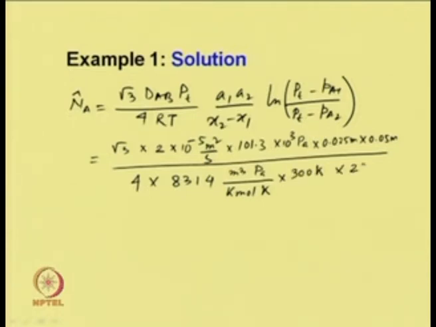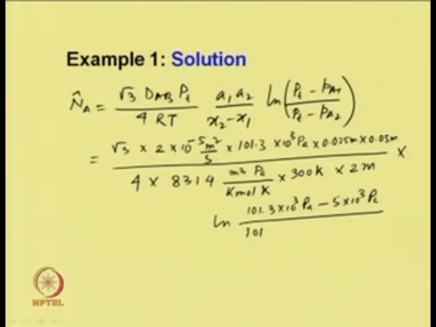into 2 meter multiplied by ln 101.3 into 10 to the power 3 Pascal minus 5 into 10 to the power 3 Pascal divided by 101.3 into 10 to the power 3 Pascal total pressure minus 20 into 10 to the power 3 Pascal.